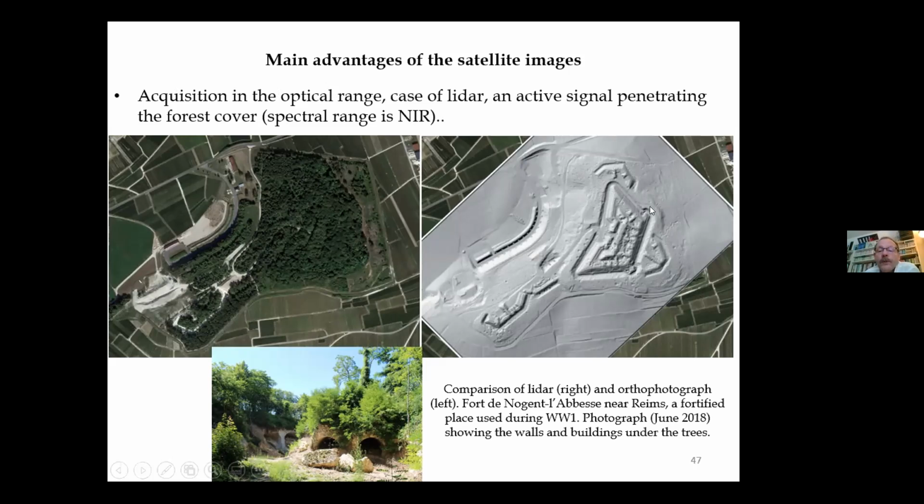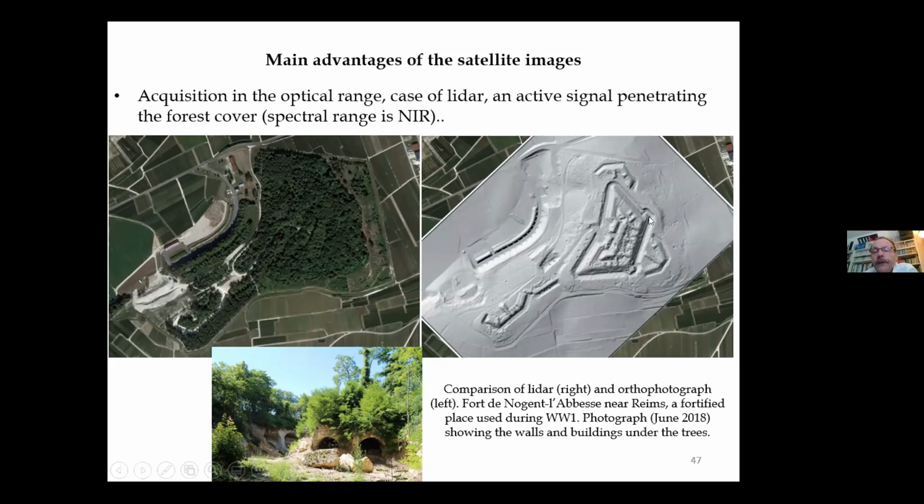But when you use the LiDAR, it's possible to have also a signal reflected by the soil. It is what we call the last pulse of the signal. And in this case, it's remarkable because you can see the shape of a fortification.